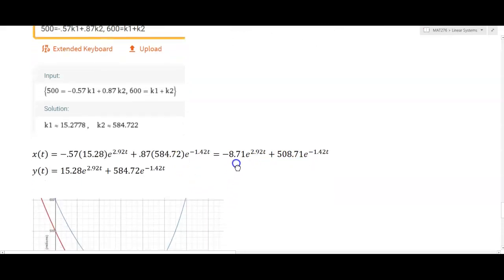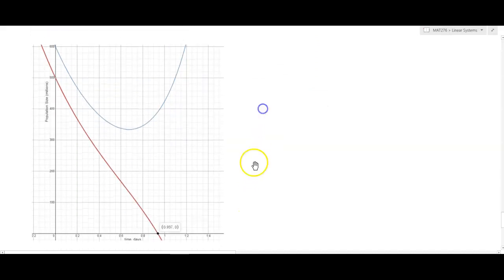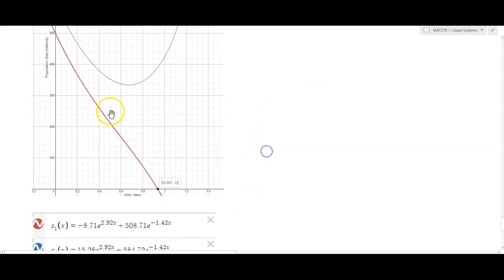I can now graph these two equations, and I see something similar, except now notice that species 1 dies off, and that might be explained by the fact that they don't reproduce as rapidly, and population 2 is really thriving. So we see that eventually population 1 becomes extinct at time 0.937, which is the time that we have to stop this model, because it doesn't make sense to be using negative x values and causing the second population to rise because of that.